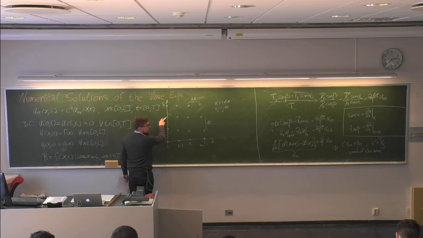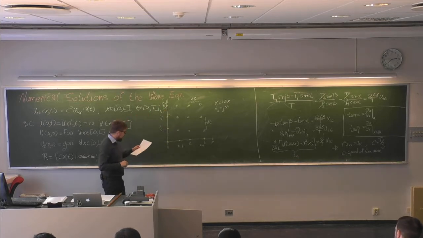This point here is t_j minus 1, and up here t_j plus 1, so the next time step, basically.